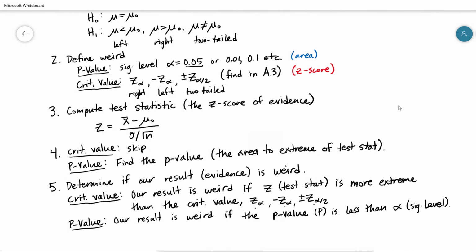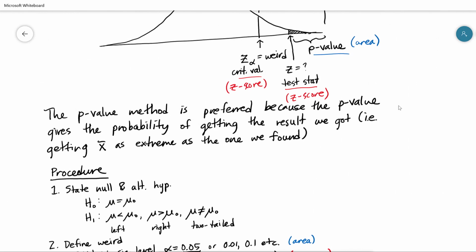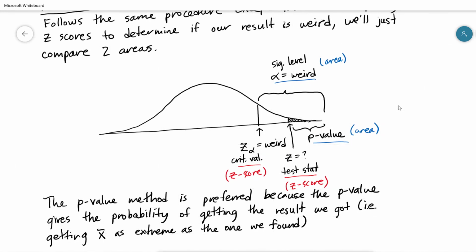And again, looking at the picture to see why this makes sense, in this picture, our result is in the weird region, right? Here's the big weird region. Our result's within that. So this area definitely is going to be smaller than this larger area if it falls inside.